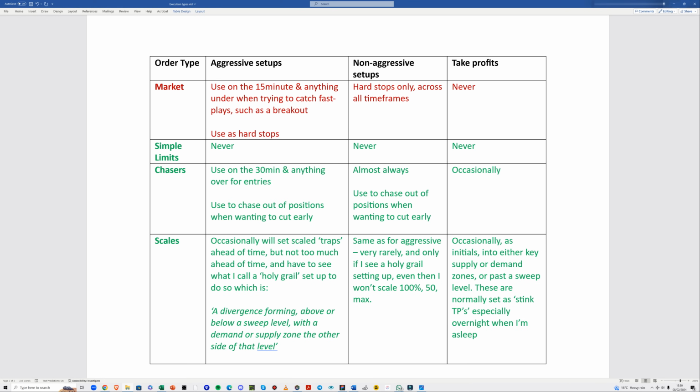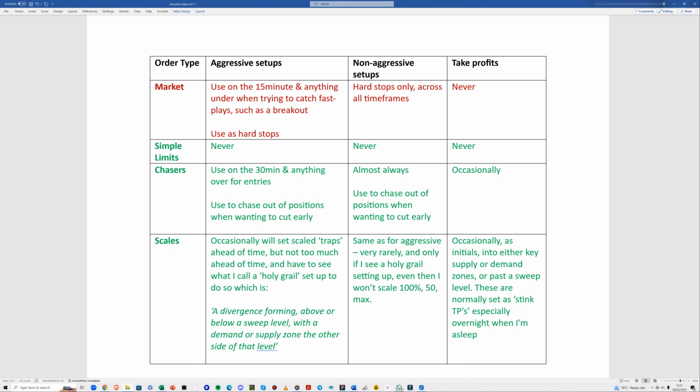If I really back the setup, then I'd probably scale max 50% and then still be monitoring the entry, looking at the order flow, and looking to take the remaining 50%, most likely waiting for the order flow to present itself and then getting some sort of confirmation. Now, if you don't know what I mean by confirmation, then in this instance, it would be the sweep, okay? But it's, of course, contextual to each play.